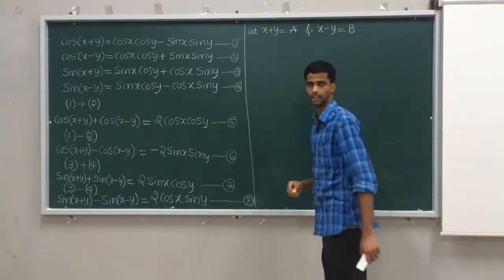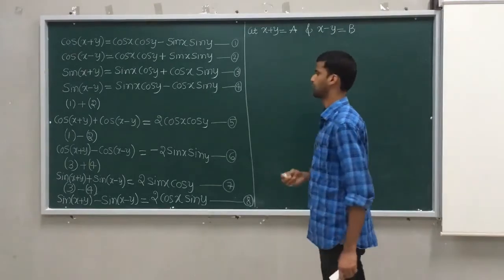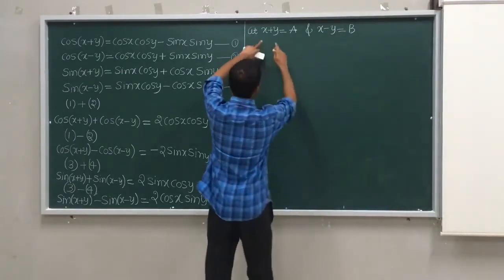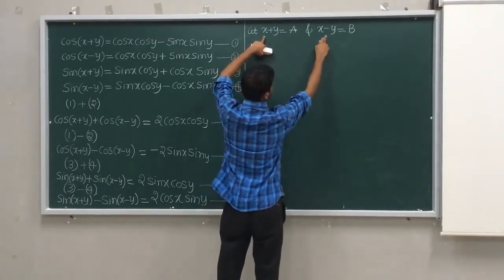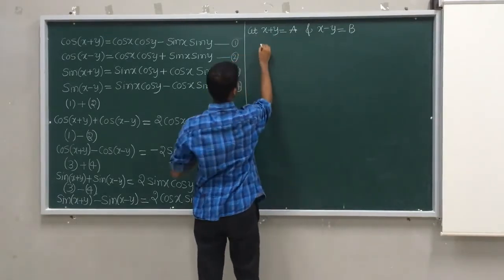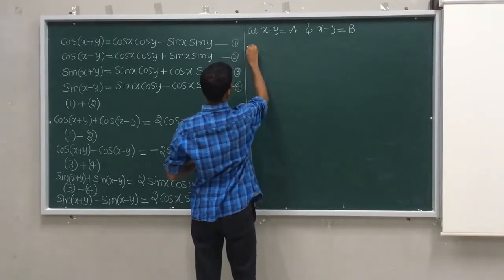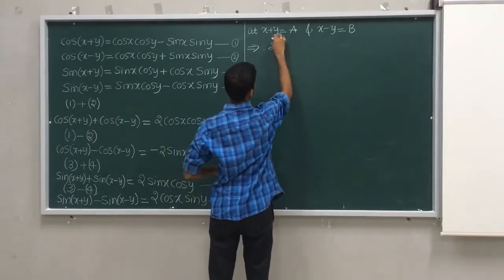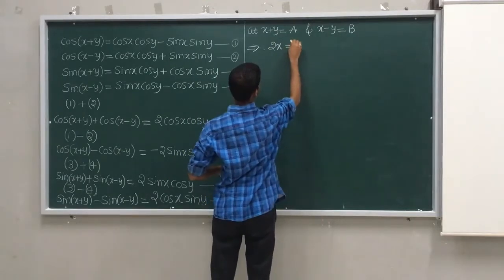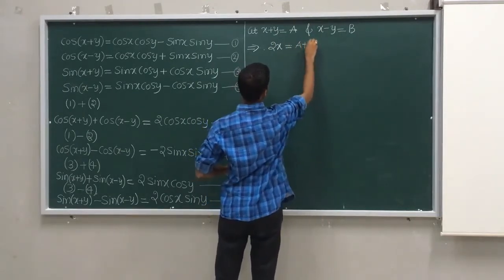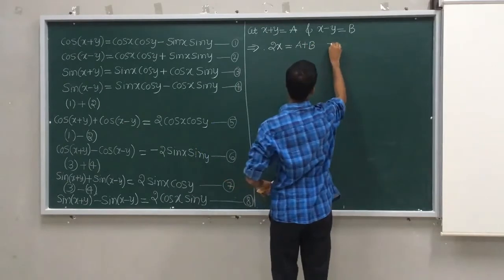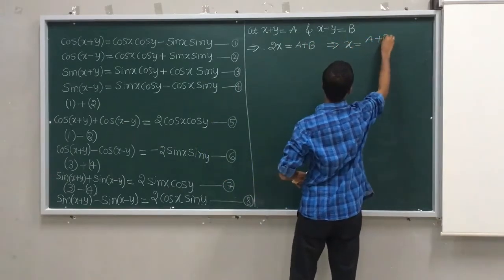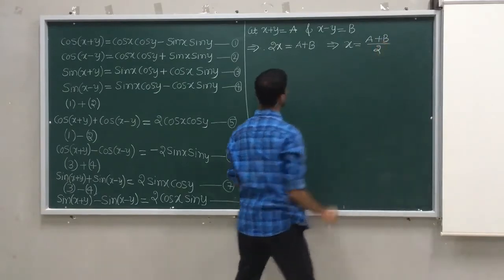Okay. Therefore, I will add these expressions first. If I add these two, x plus x is 2x, y minus y is 0, so it becomes a plus b. Therefore x is nothing but a plus b by 2.